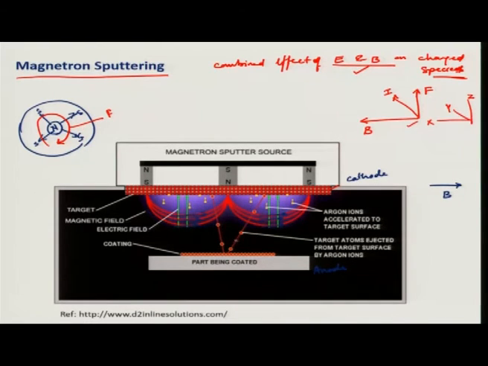They are not ionizing gas far away, they are very close to the surface. And once they are very close to the surface, the ions being produced here due to the ionization process are not being lost anywhere, because they quickly get accelerated towards the cathode. So, this is my cathode target, behind which I have put a circular magnetron.